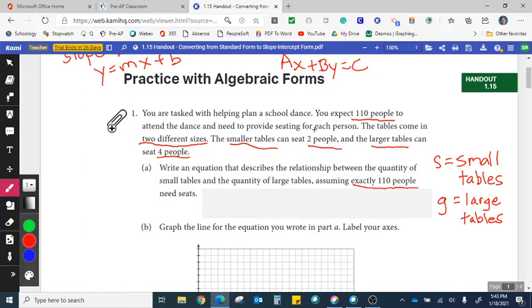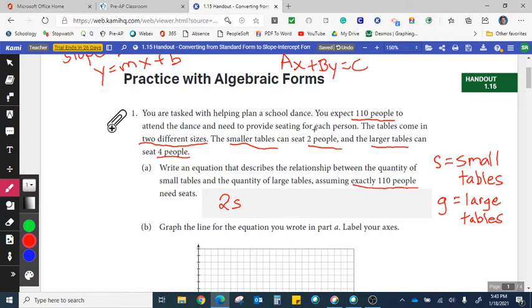If I have 2 small tables, it's going to seat 4 people, and so on and so on. All right, so 2S would represent the number of people that are being sat at small tables.